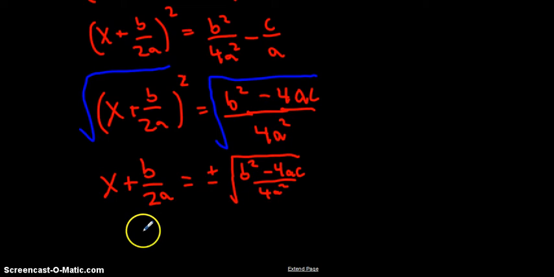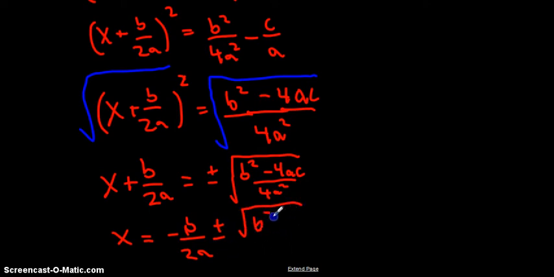Okay, and now we will do a couple things at the same time just to get this over with. We'll move the negative b over 2a to the other side, plus or minus the square root of b squared minus 4ac, and the square root of 4a squared is actually also 2a.